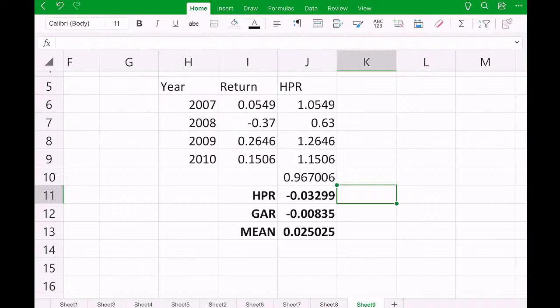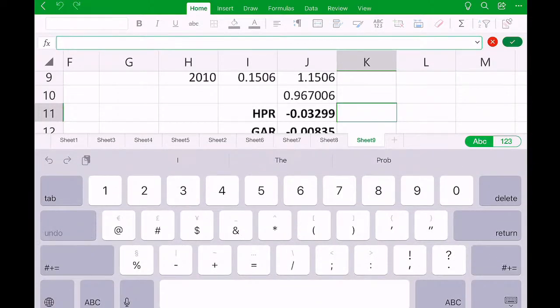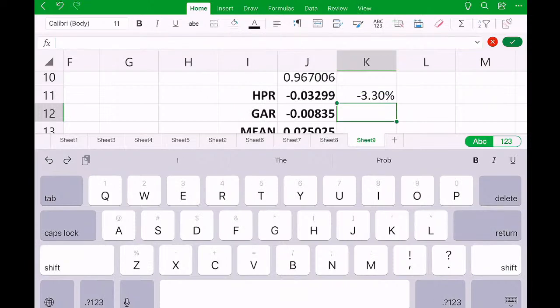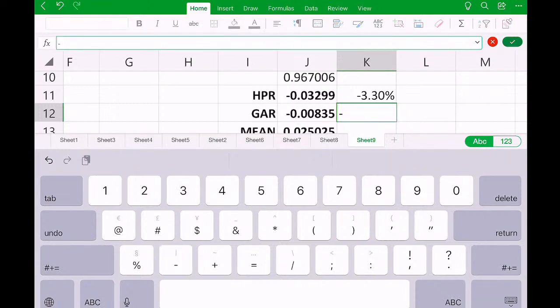And as a percentage, this one would be negative 0.8%.